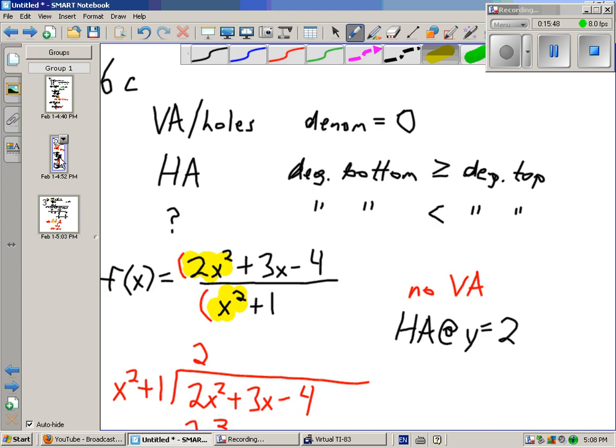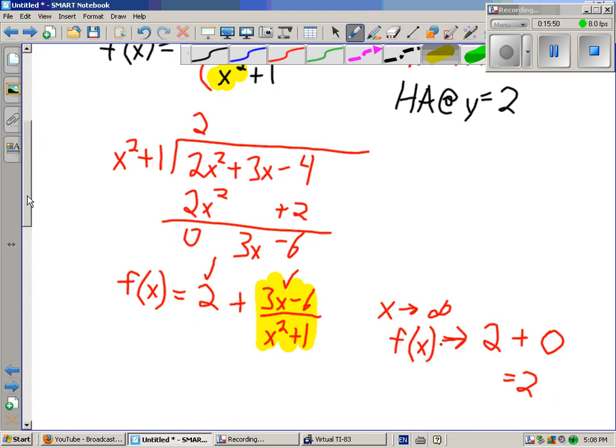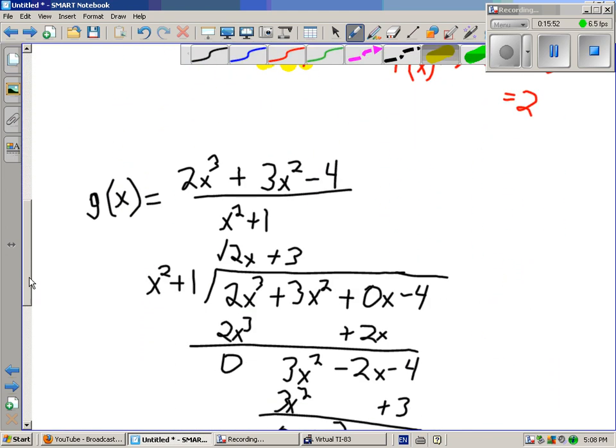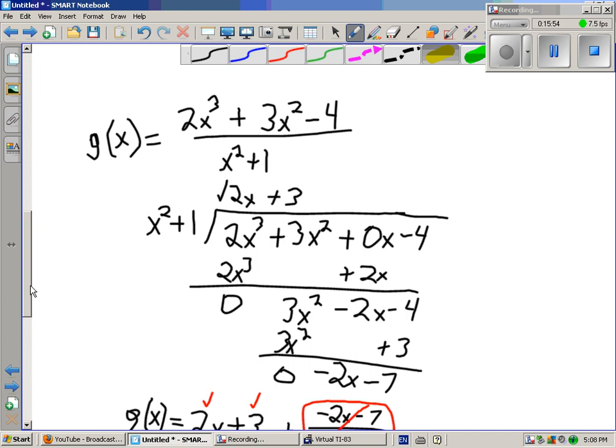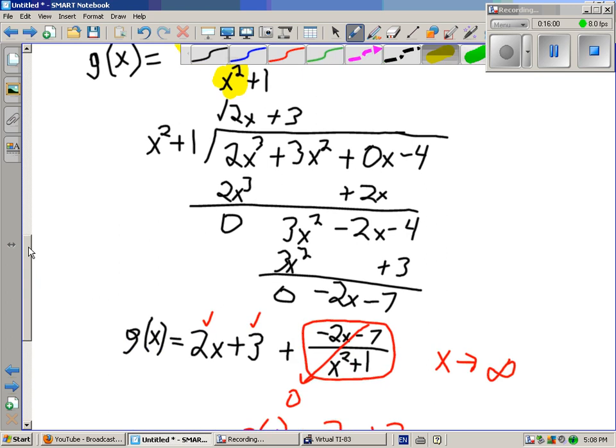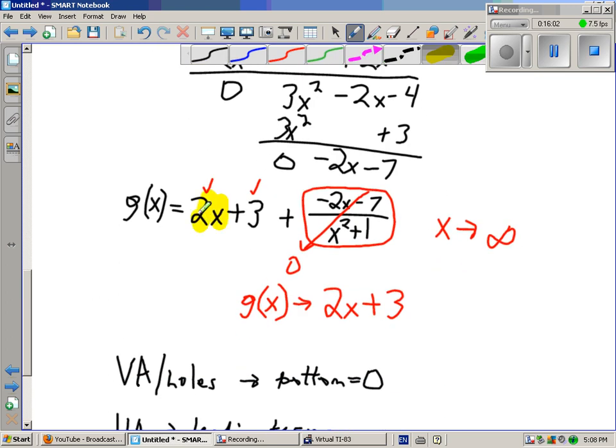If I apply the same line of thinking to the slanted asymptote that we just did, we look at 2x cubed, we look at x squared, we divide them, we get 2x. So I get the 2x. I'm missing the 3. So it does not give me the whole picture, but it does give me a quick idea.